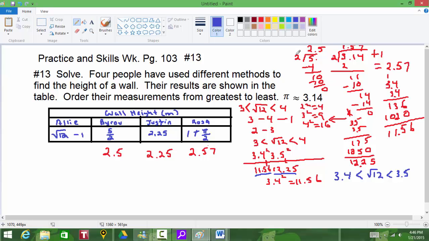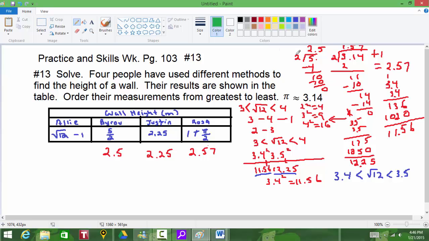So this is good for the square root of 12. However, on this problem, what we have to do is subtract 1. Let's indicate that in green right here.